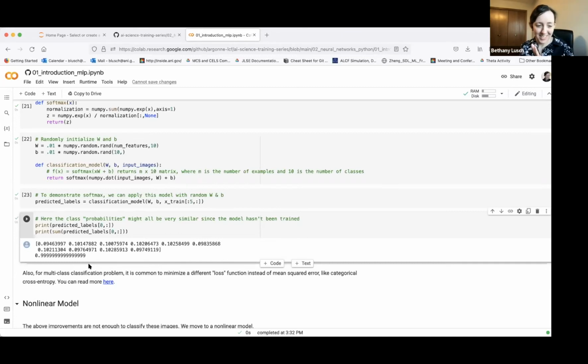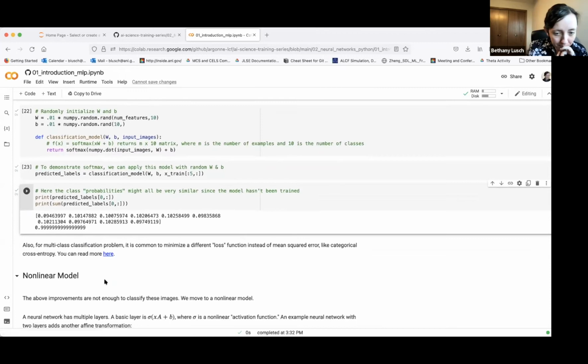So I'm not going to go into the reason it makes sense, but it connects to information theory. You can read about it more here at this link. But I just wanted to make you aware that that is a common loss function when you're doing a classification problem.